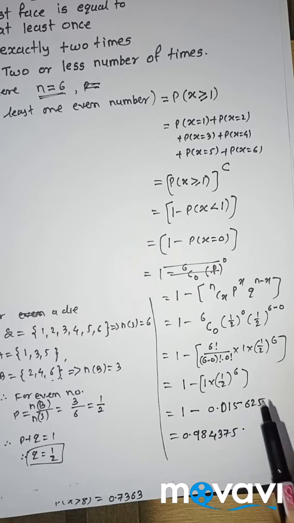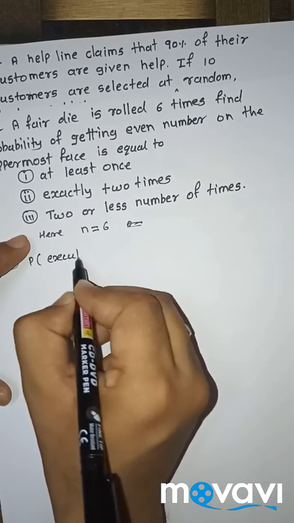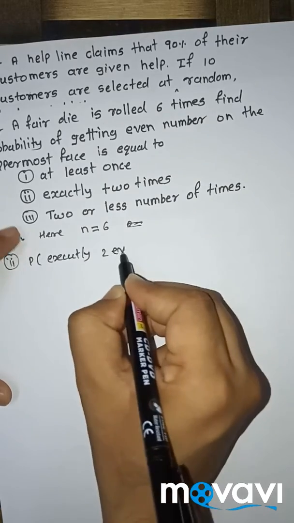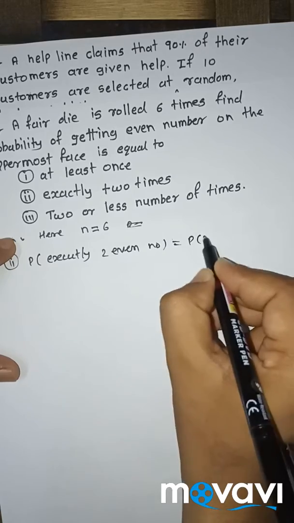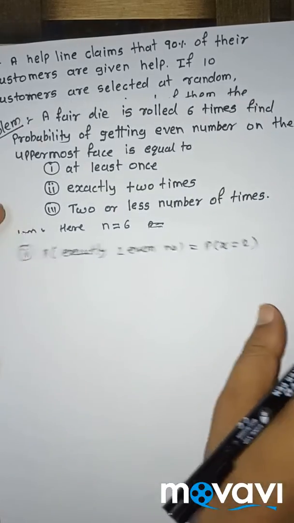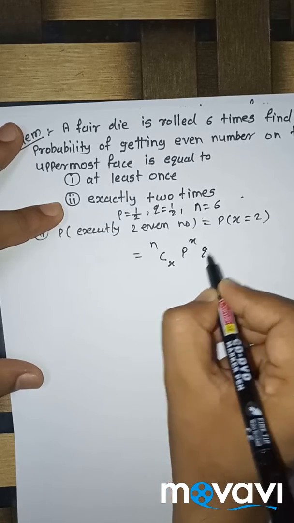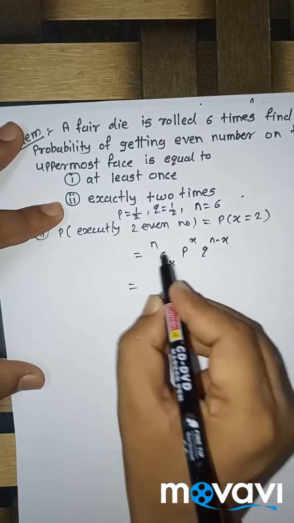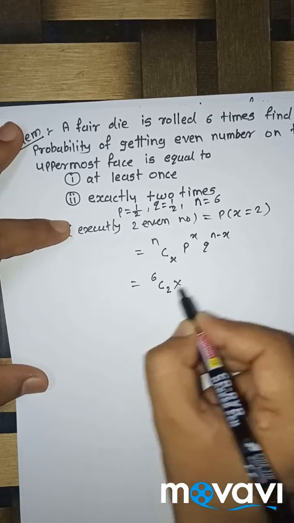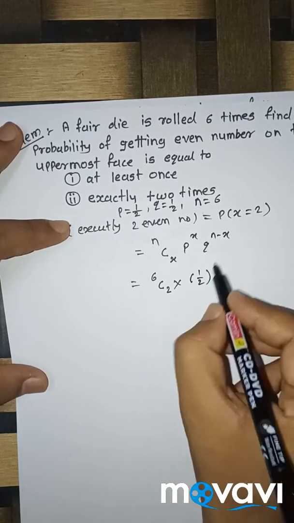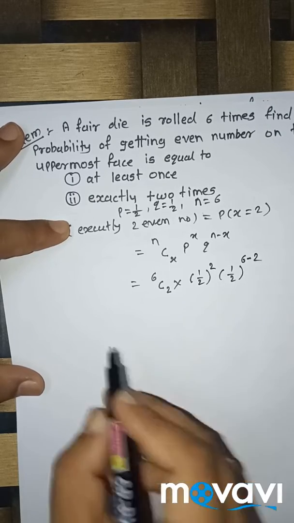Therefore the probability of at least one even number is 0.984375. Then for the second case, the probability of exactly two even numbers occurring on the uppermost face is equal to probability of x equal to 2. nCx p raised to x q raised to n minus x. n is 6, x is 2, p is half raised to 2, q is half raised to 6 minus 2.